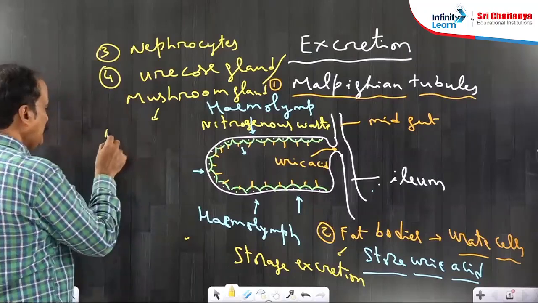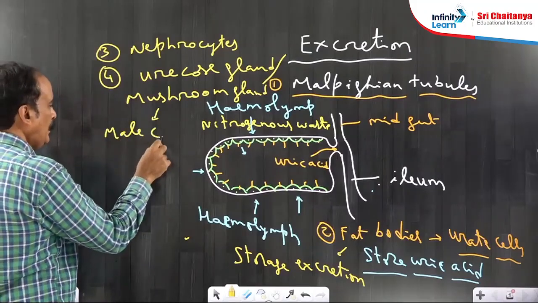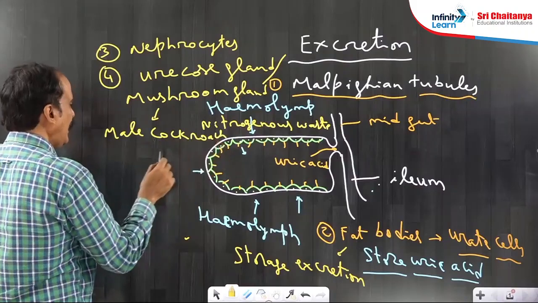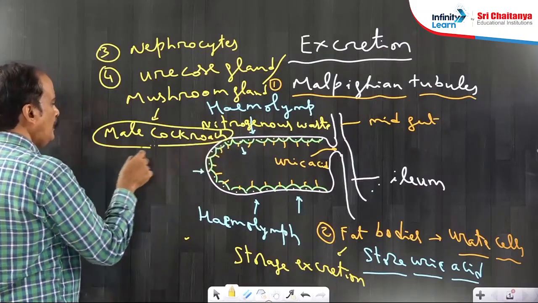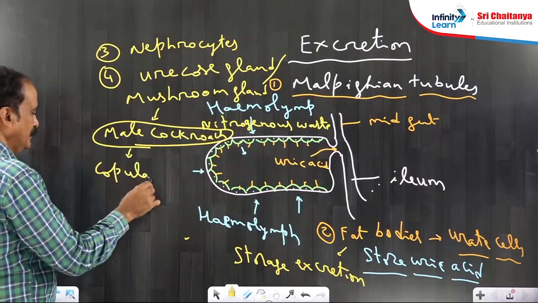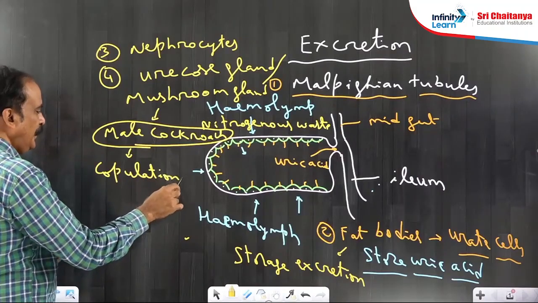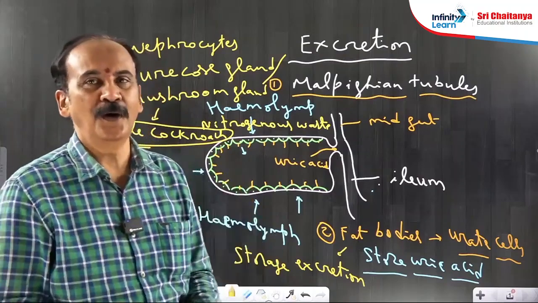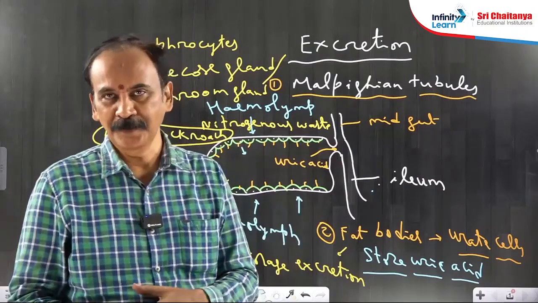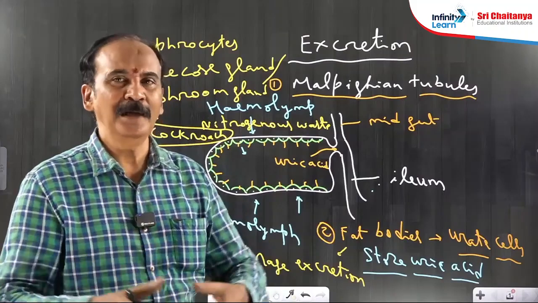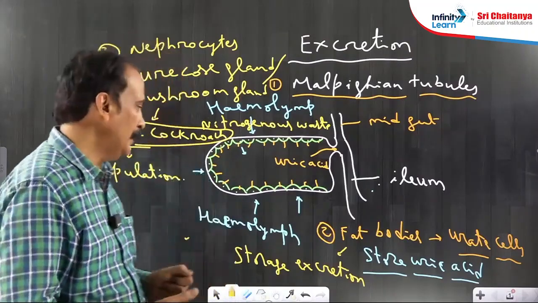Male cockroaches will release this uric acid at the time of copulation. Uricose gland, they store the uric acid and they release on the sperm bundle, right. Cockroach releases sperms in the form of a bundle called spermatophore.